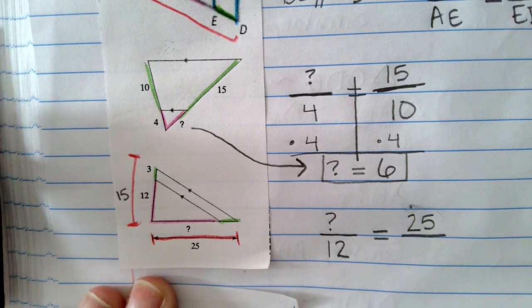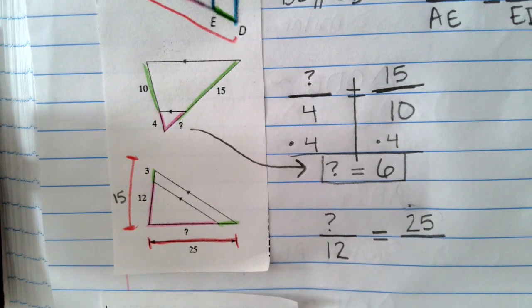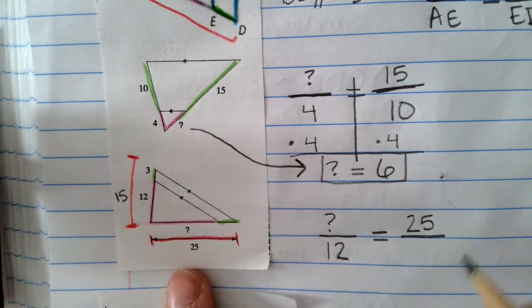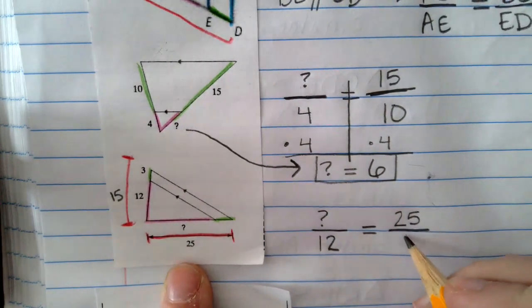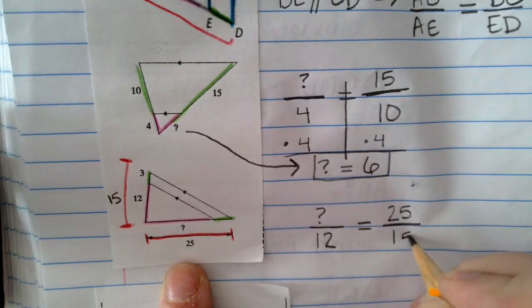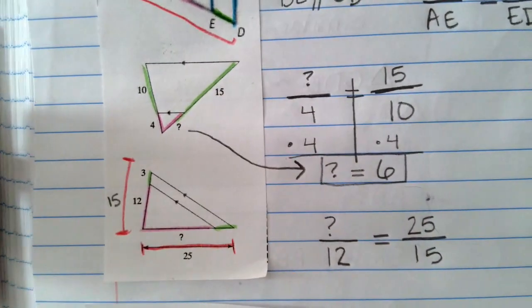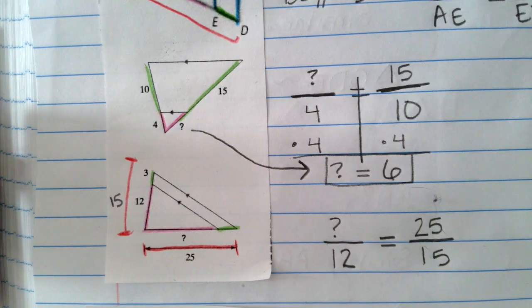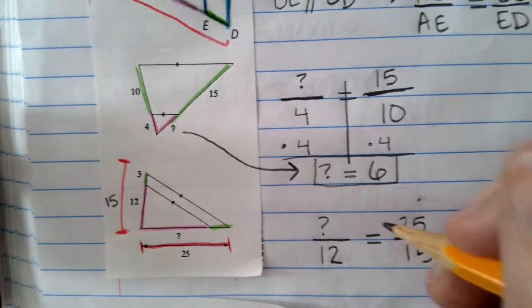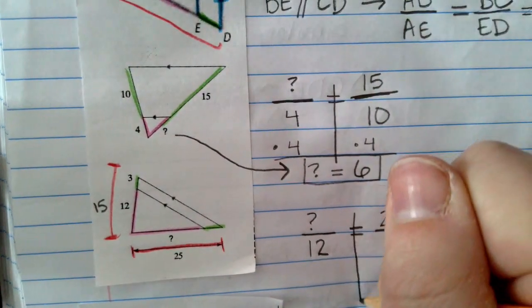Alright, and then when we solve, we're just going to undo that dividing by 12. So to undo a divide by 12, we are going to multiply by 12. Good.